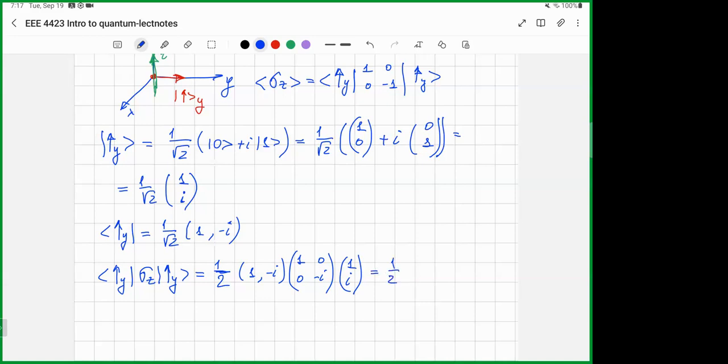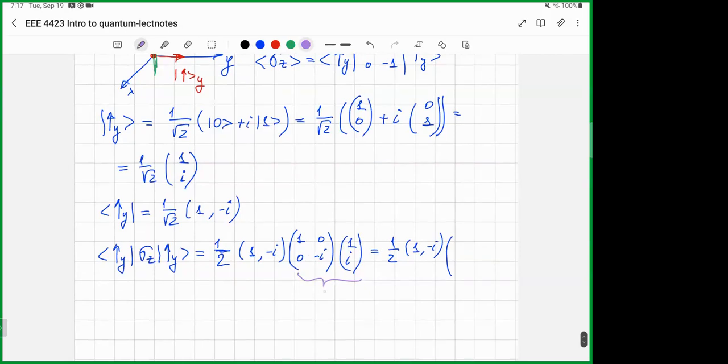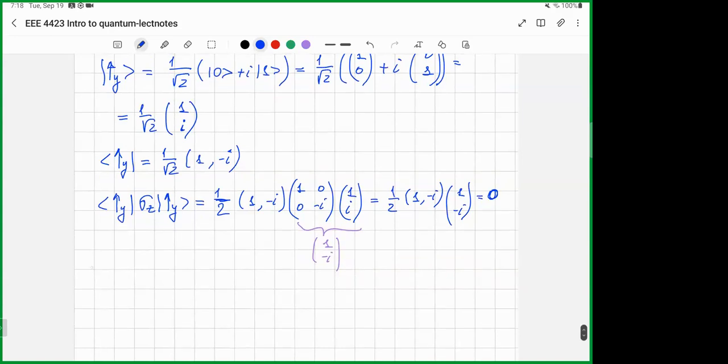Then the product of these is 1 times 1 is 1, minus i times i is minus 1, so the result is 0. So the expectation value is 0.